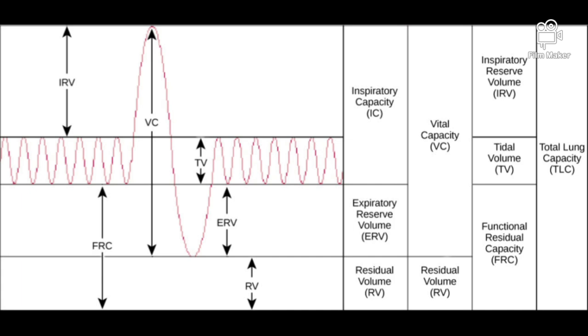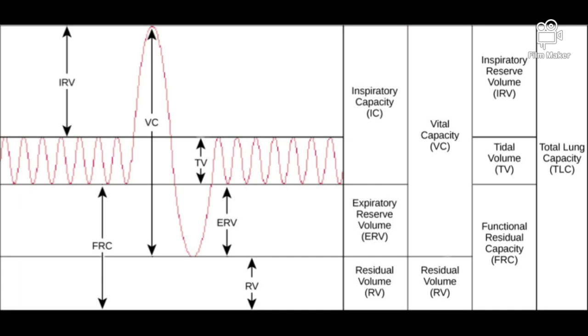Now we shall see the lung capacities. The term capacity includes more than one volume. If we look into this graph, we shall see some grouping of volumes on the right hand side, to begin with the inspiratory capacity, the expiratory capacity, and so on.